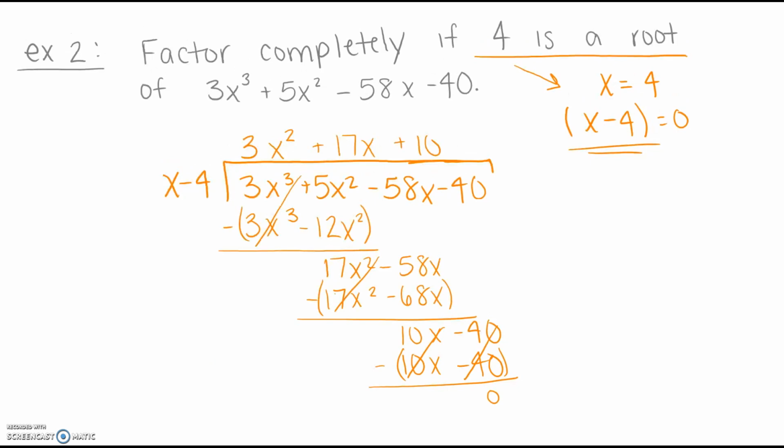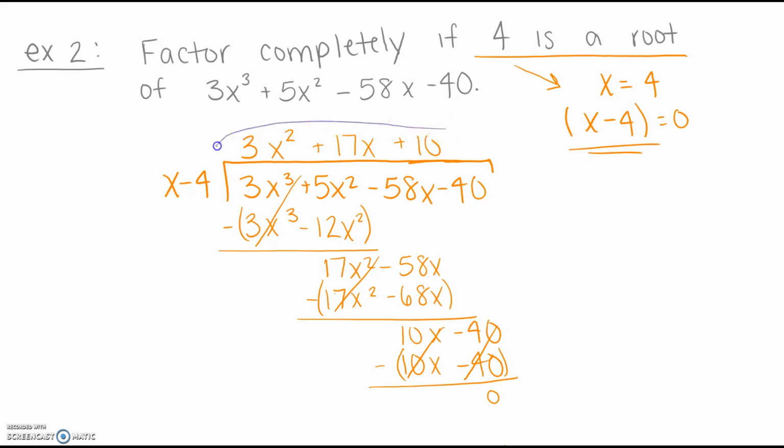Okay, so hopefully you're finished with your groups. When you use long division to help you factor, you should end up with 3x squared plus 17x plus 10. Here's all the work that should be shown, and yes, you do need to show all of this work.